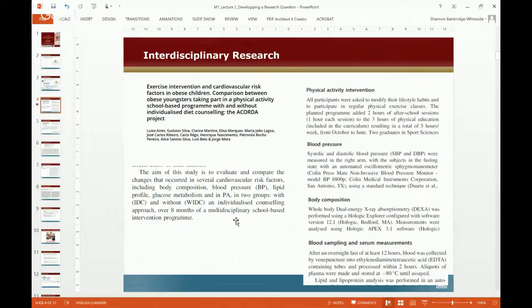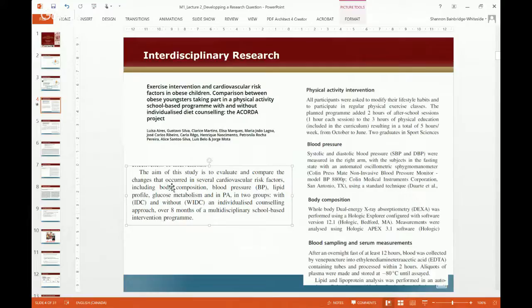And you can imagine that there is probably some interdisciplinarity involved, because certainly there was a certain discipline involved in coming up with this individualized counseling approach, specifically if it's related to nutrition. There are going to be sports scientists involved in trying to develop these programs.